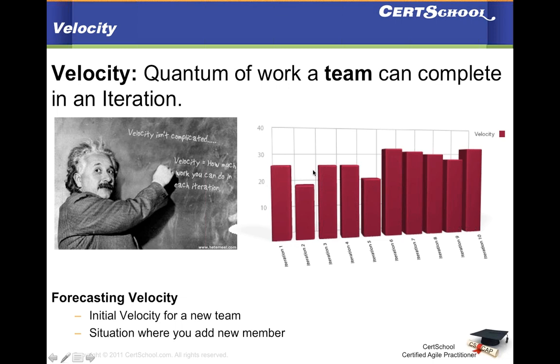So it doesn't look like a smooth, level bar graph, but from iteration 6 you can see it has been somewhat sustainable velocity. So it always takes a few iterations to be able to confidently predict the velocity of a team. But it's always a challenge to set the initial velocity.